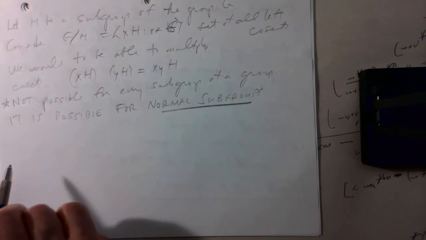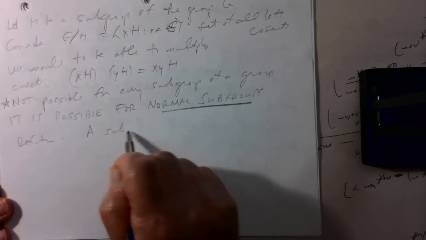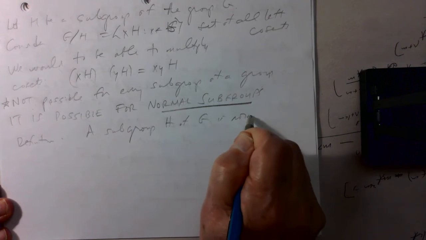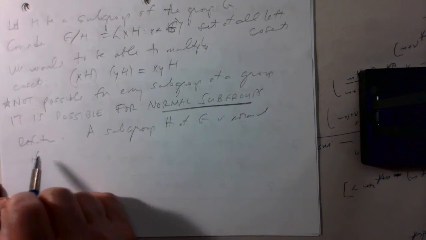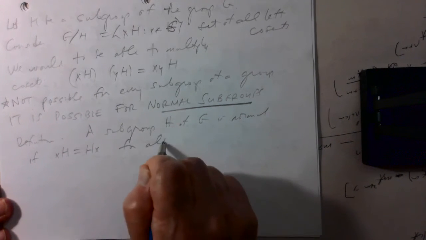And the definition of a normal subgroup is the following. A subgroup H of G is normal if you take the left coset xH, and if you take the right coset Hx, these are equal for all elements in the group.